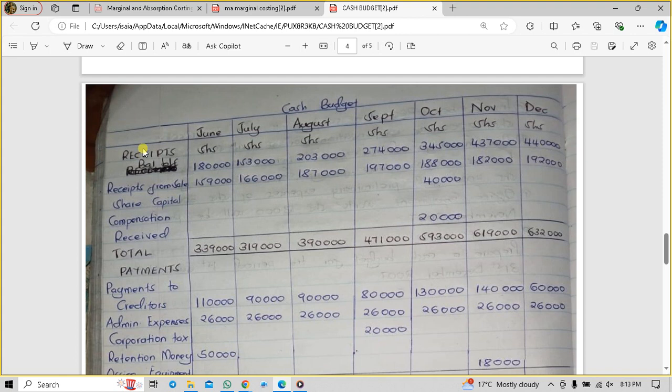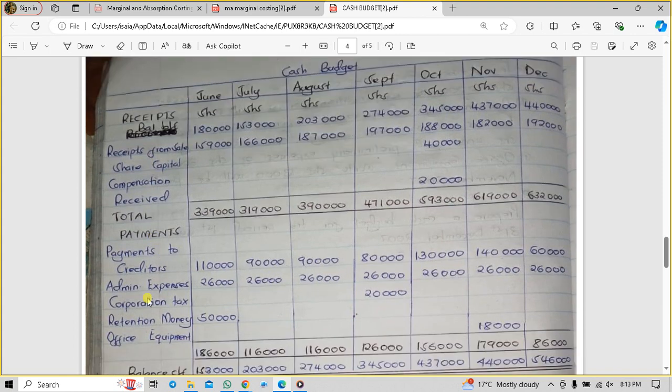That is why we have receipts. Then all the payments that you have made: payment to this person, payment to tax, we record them here. Then from there we can start making entries in our cash budget.